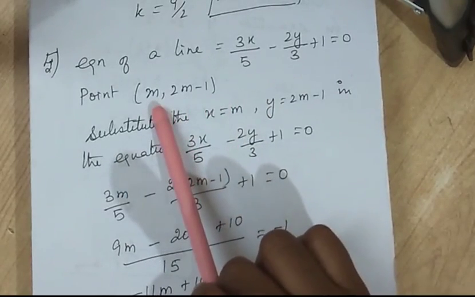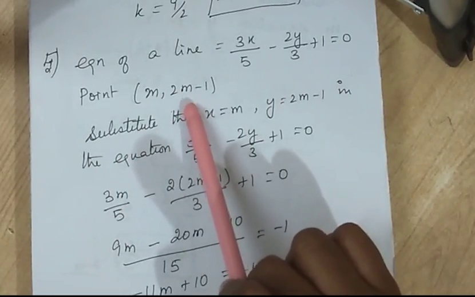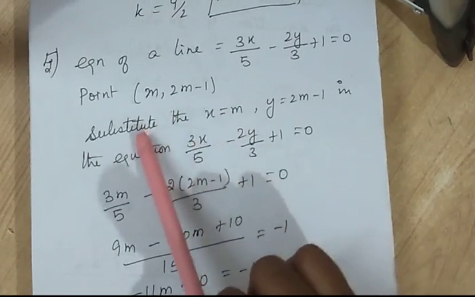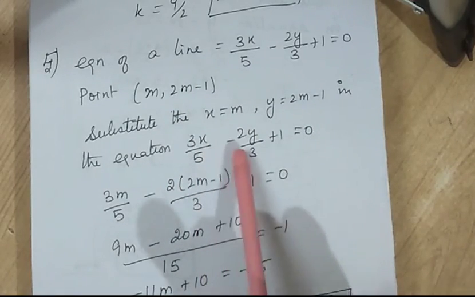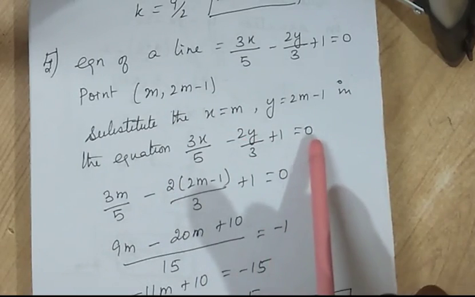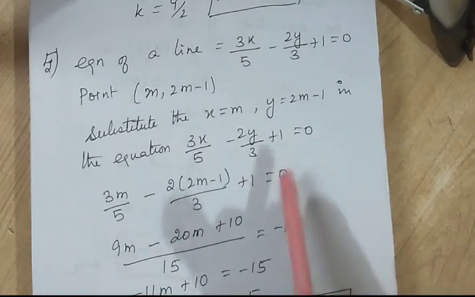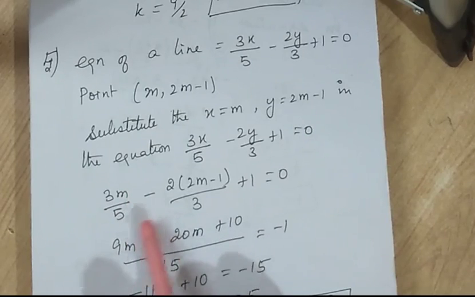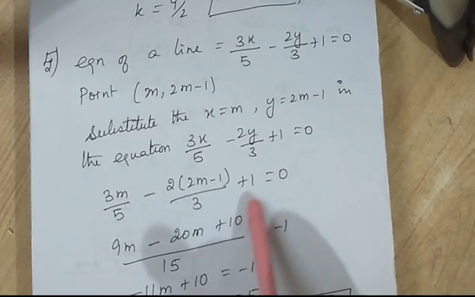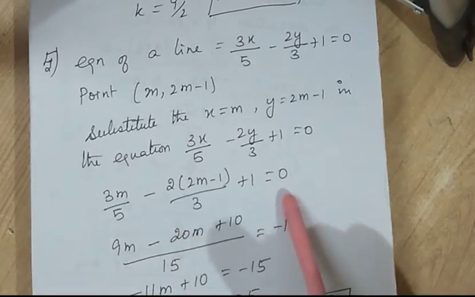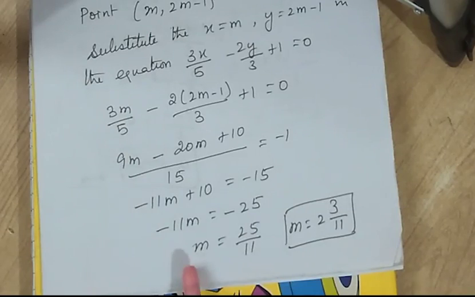Now take x is equal to m and y is equal to 2m minus 1. Substitute the value of x and y in the given equation. Then you will get 3m upon 5 minus 2 into (2m minus 1) upon 3 plus 1 is equal to 0. Solve it. You will get m is equal to 25 upon 11, that is 2 3 upon 11.